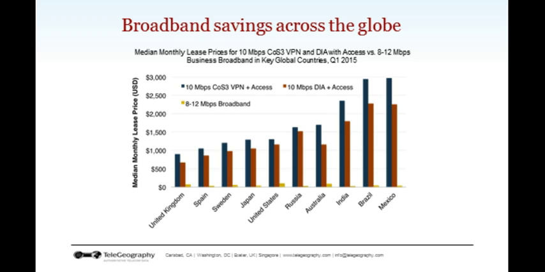So we see those 10 meg ports compared to what we call here a range of 8 to 12 megabit broadband subscriptions. Of course, broadband doesn't come in the standard flavors that you have for VPN and DIA, so the way that we compare these median monthly prices is to look at a range of plans at that speed range within each of these countries we have listed.